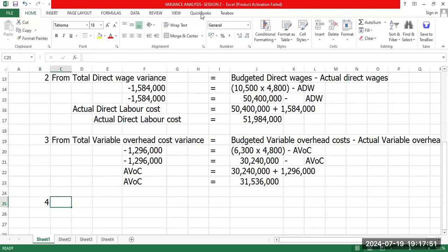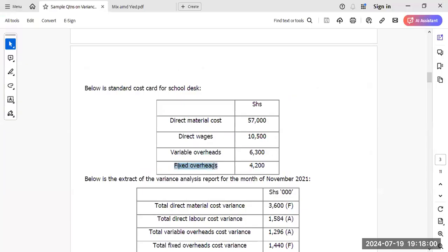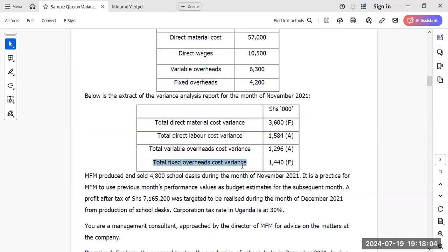And note number 4 is to get what? Note number 4 is to get actual fixed overhead costs.